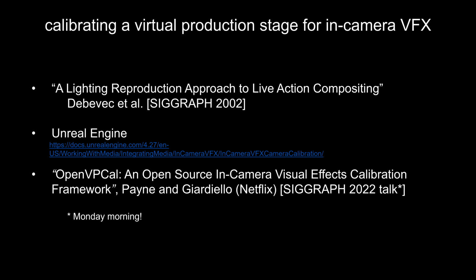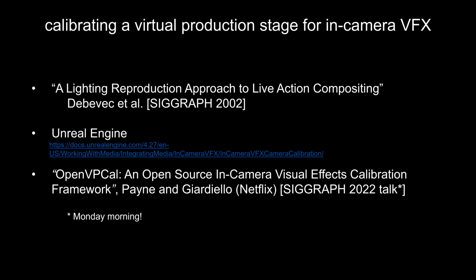And then our colleagues from Netflix introduced at this year's SIGGRAPH an open source tool called OpenVPCal that helps you do color calibration for in-camera VFX. This was Monday morning, so sorry the current crowd missed that talk, but it was recorded. So if you have your SIGGRAPH badge with full access, you can go check it out.